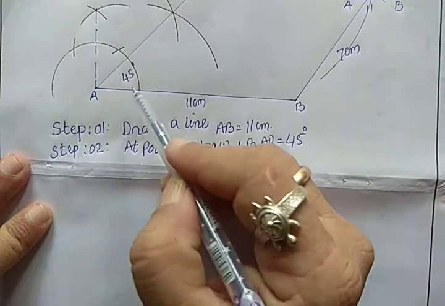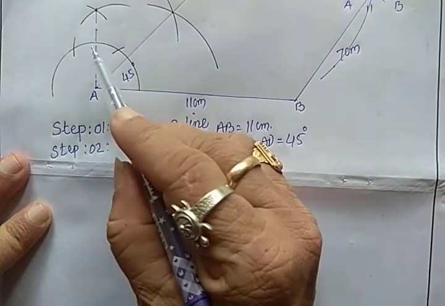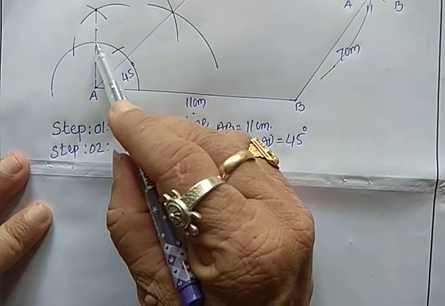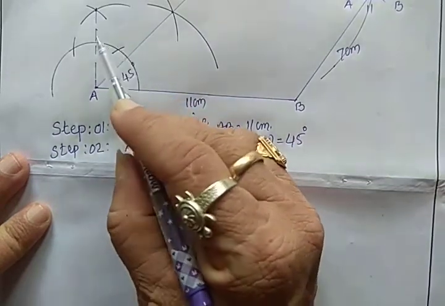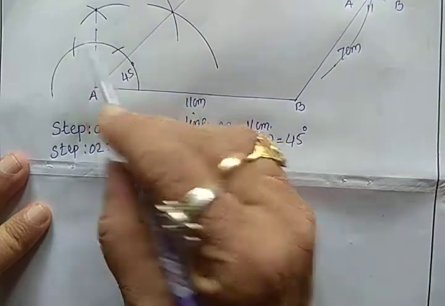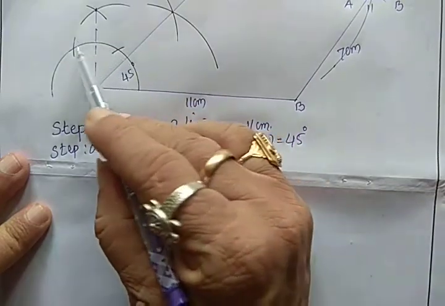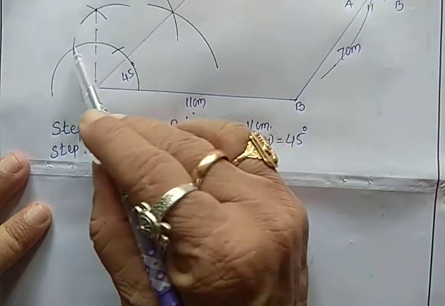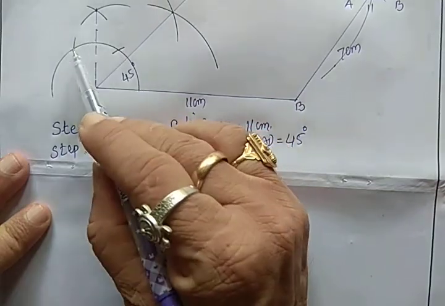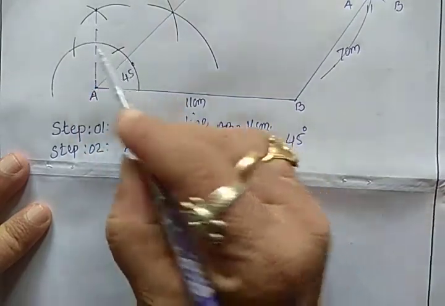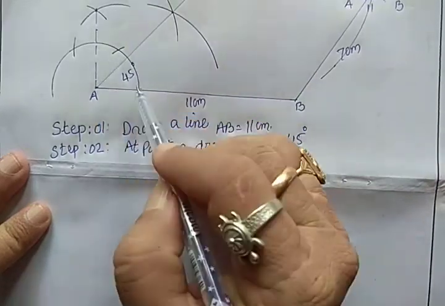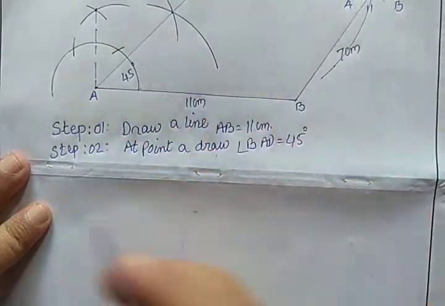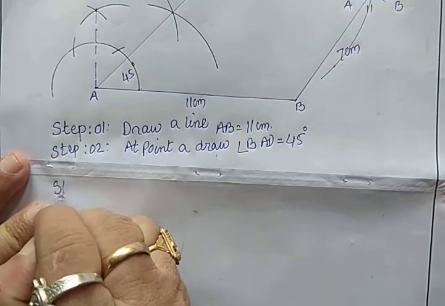How did you make this 45 degrees? First you constructed 90 degrees by bisecting 60 degrees and 120 degrees. After that you bisected this 90 degrees and you got 45 degrees. Now next step 3.